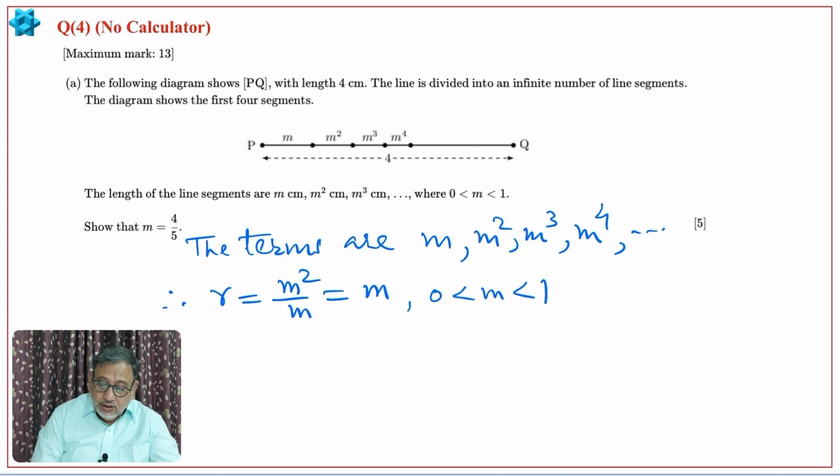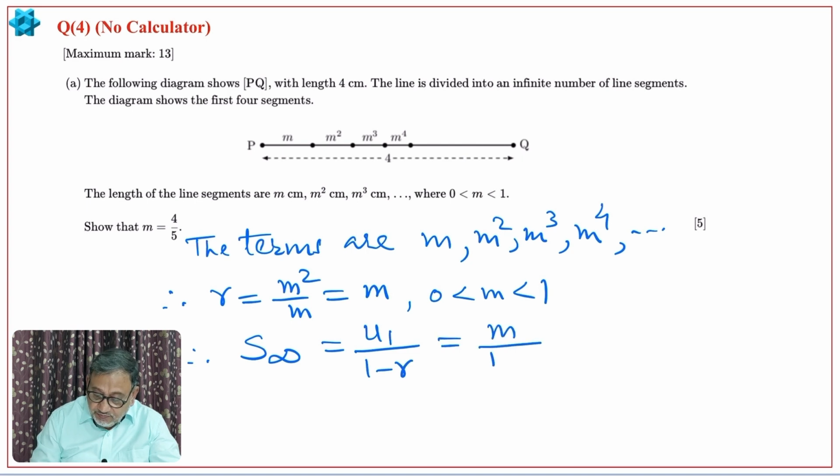Now total length is 4 and there are infinitely many parts of this line segment. So therefore we will use the formula of S infinity, which is u1 over 1 minus r. So u1 first term is m, 1 minus r is also m. Now S infinity means the total length, which is 4.